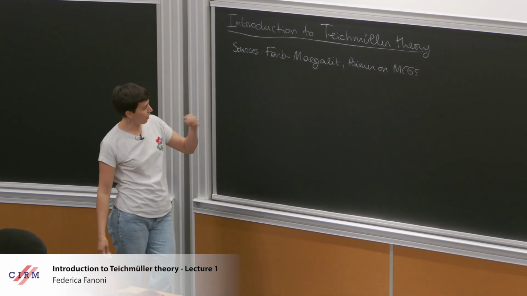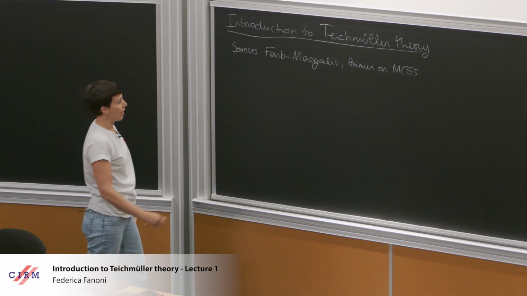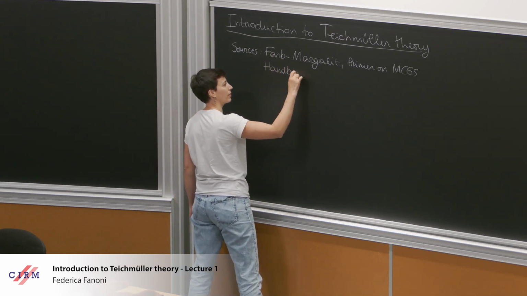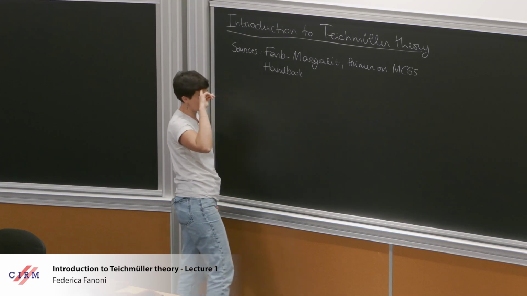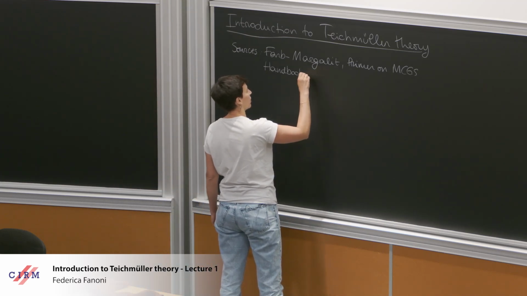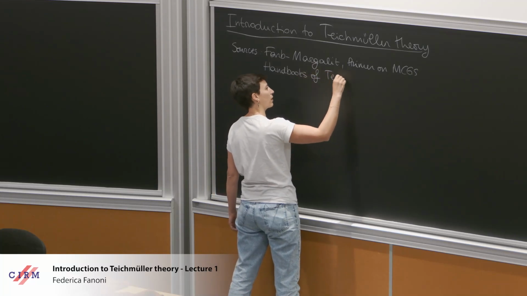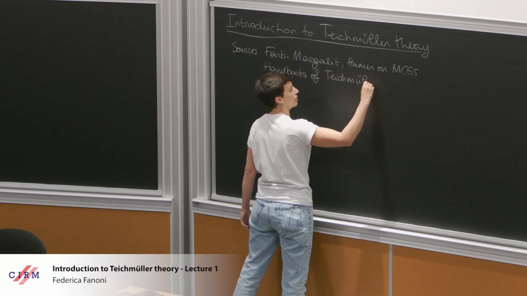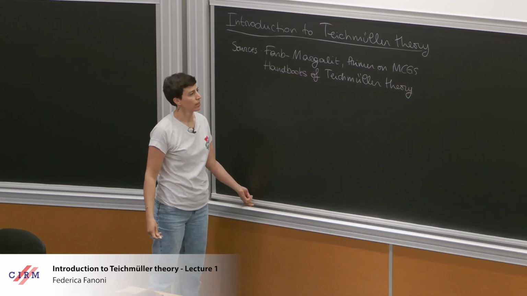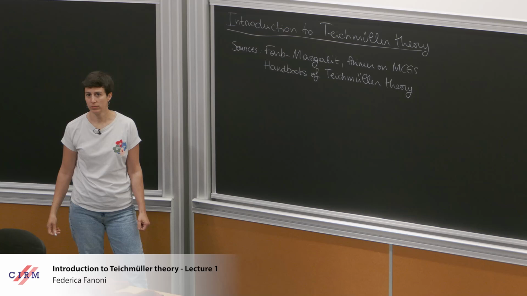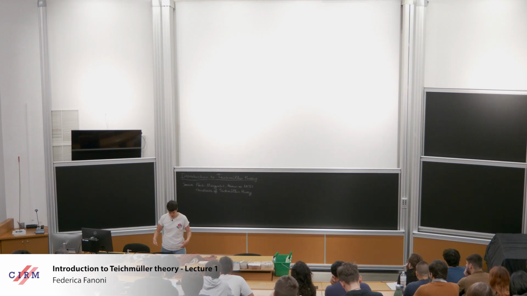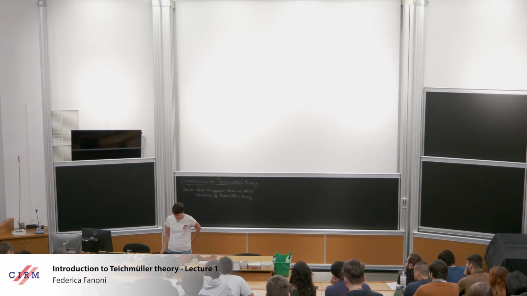And there's also a bunch of handbooks of Teichmüller theory. That's the title. I mean, it's a series. I think we're at volume 8 or 9 or something. And it has many classical and less classical viewpoints on the theory. So if you're interested in more, that's definitely a good way to go.